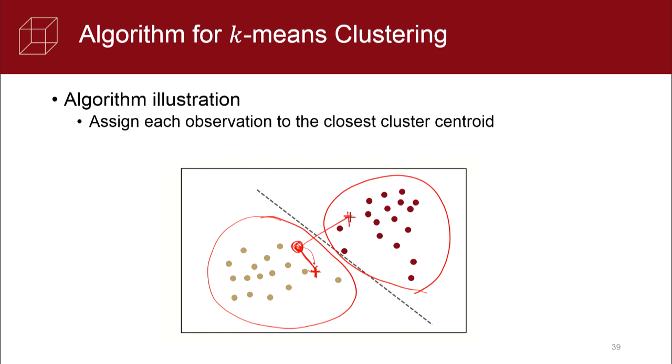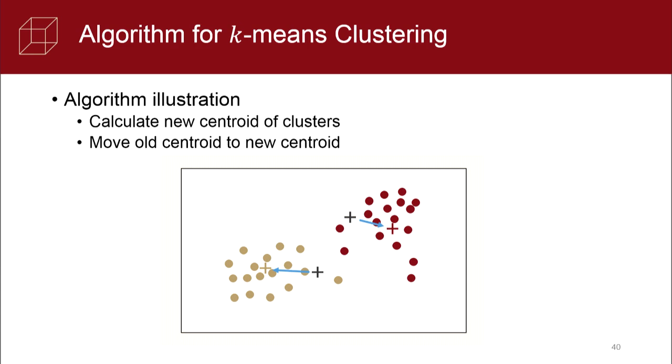In the next step, we again calculate the new centroids using the data points assigned to the same cluster. Using the data points on this side, you recompute the centroid, and with the red data points, you just recalculate the centroid. And we're going to have the new centroids, right?